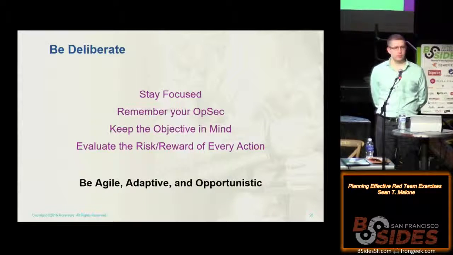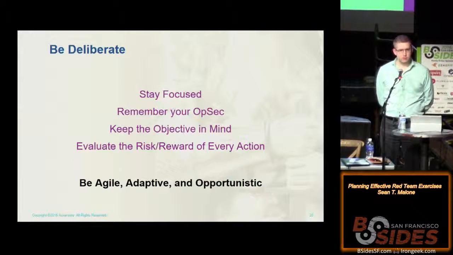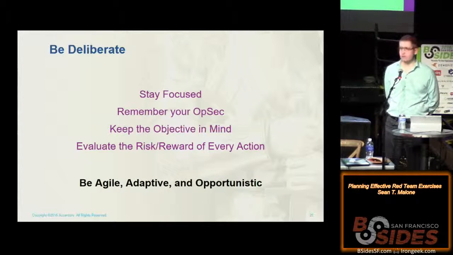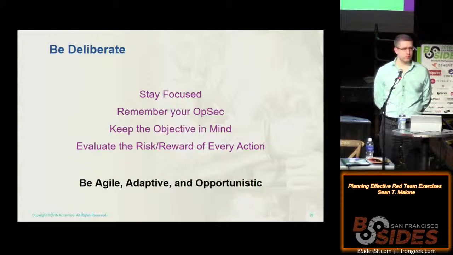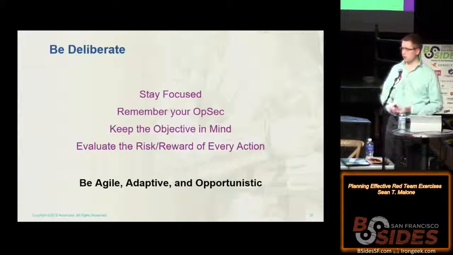Second, be deliberate. Stay focused on the objective. There have been times where we've had to politely chew out a member of the red team with less experience when they identify and compromise the system and they're very proud of themselves. They've found and exploited a high-risk finding.